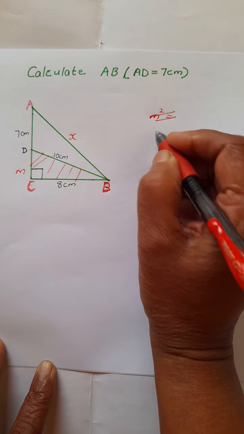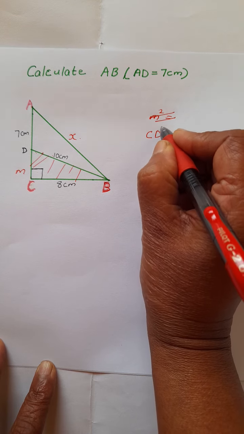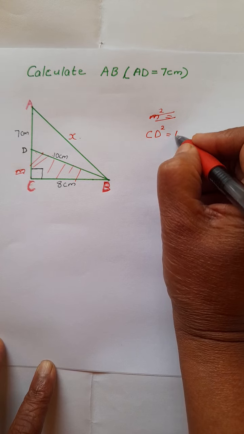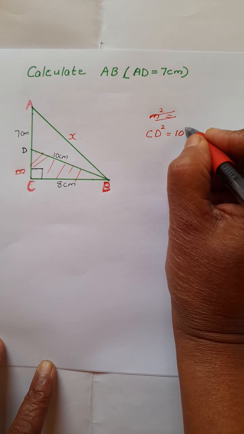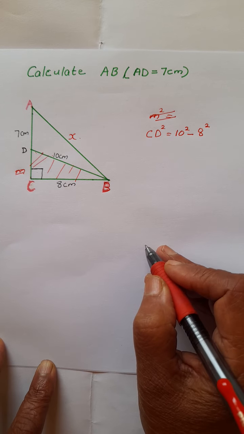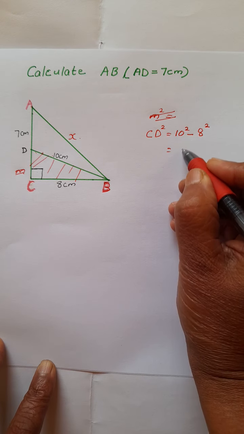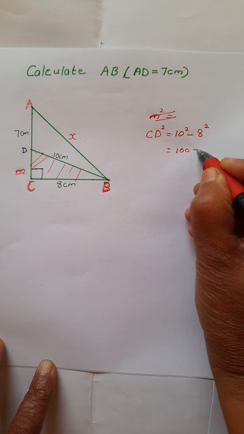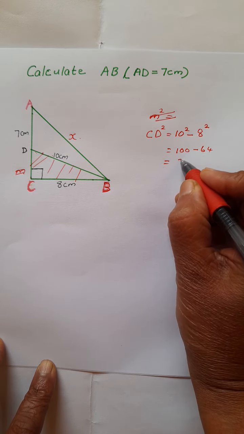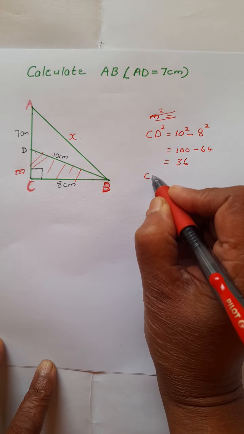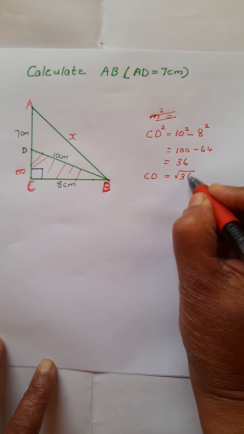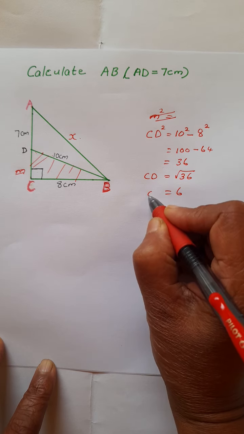So CD squared is equal to the hypotenuse squared minus the square of the other side. So 10 squared is 100 minus 8 squared is 64. Then you get 36. So CD is equal to the square root of 36, that is equal to 6.